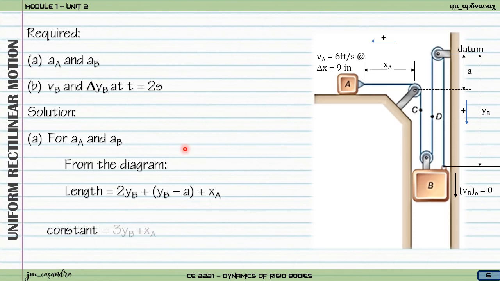3YB plus XA is equal to a constant value, and deriving it we arrive at 3VB plus VA equal to 0, and further deriving it we have 3AB plus AA.